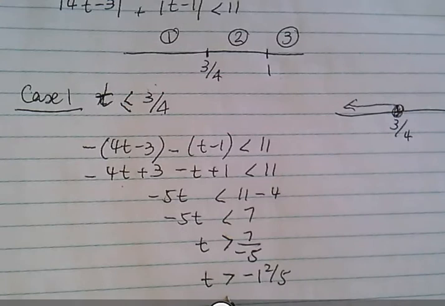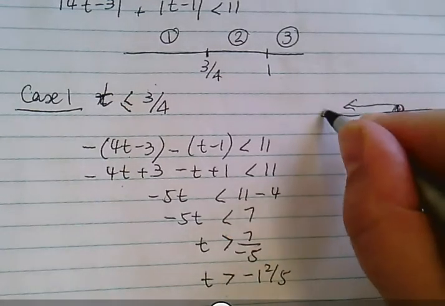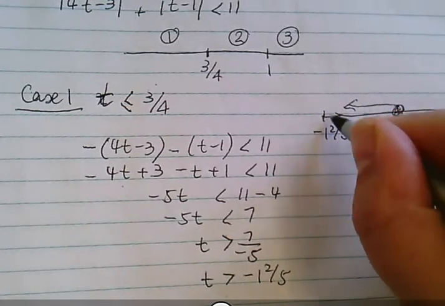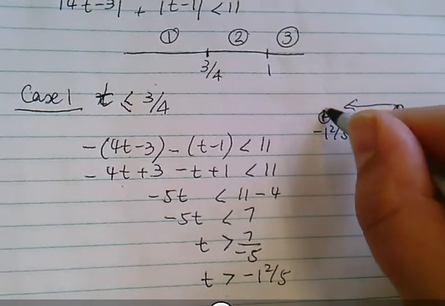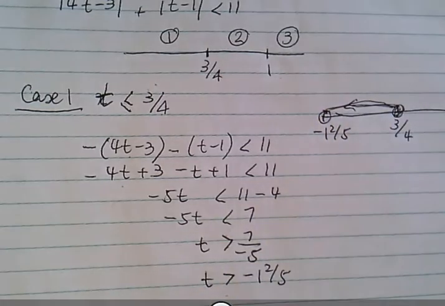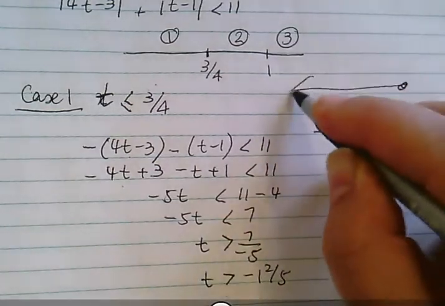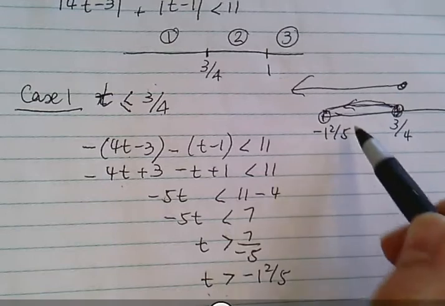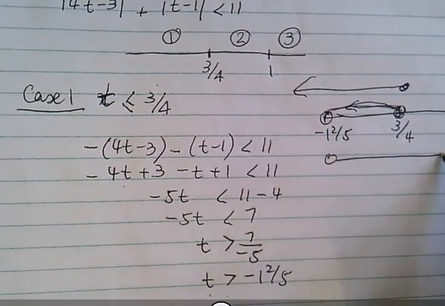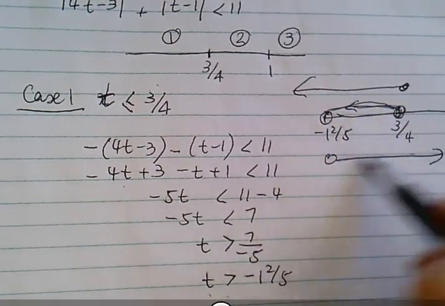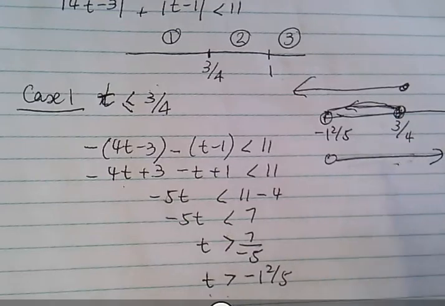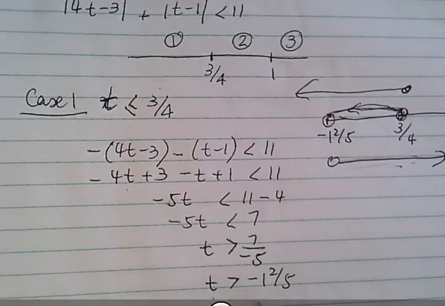And my solution is saying that t is greater than -1 and 2/5. So my solution is between there and there so far, because I'm allowed to have anything from here downwards.